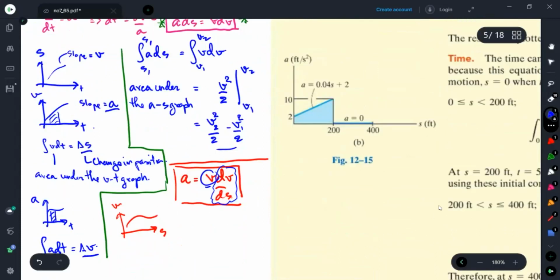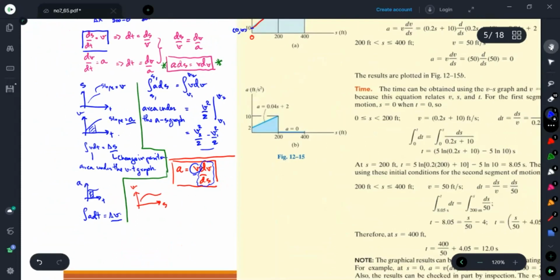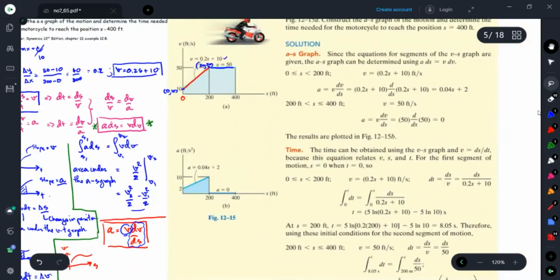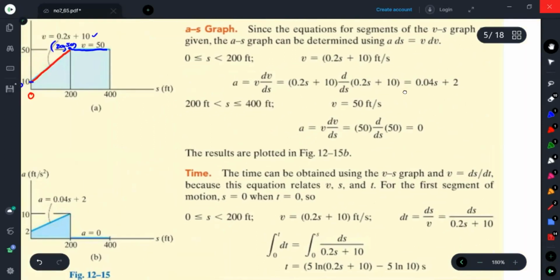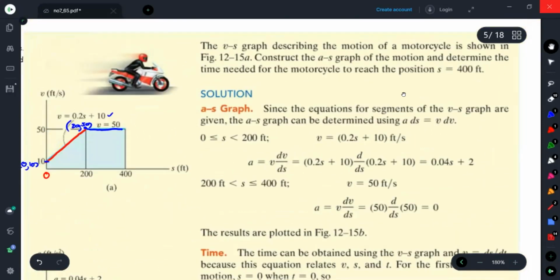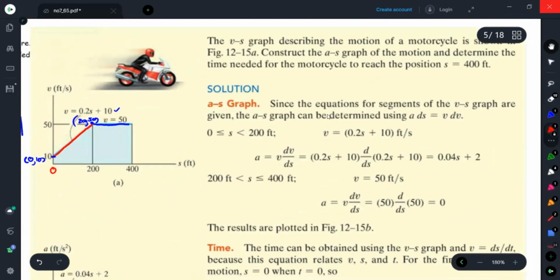Let's take a look at this case where we have the v-s graph here, and we can separate it into two parts. In the first part, s is greater than 0 and less than 200 feet, in the range 0 to 200, and we have this velocity function.